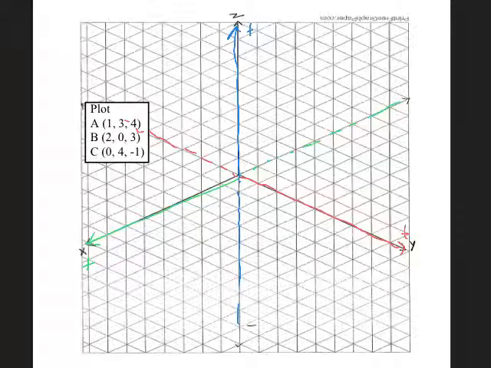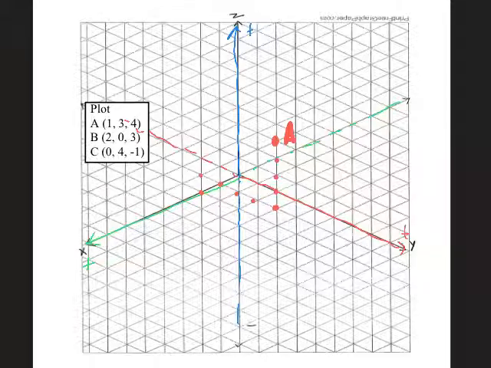Okay, so first thing I'm going to plot is point A. So I go 1 for x, and then 3 for y, and then up 4. And I just do it in that order. So this is point A. B is going to be 2 for x, so right there. 0 for y, so, right, left, nothing.